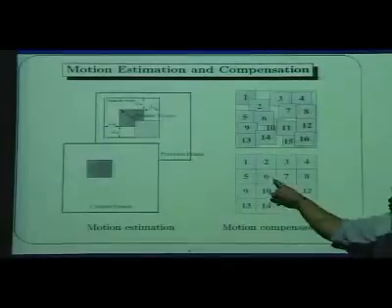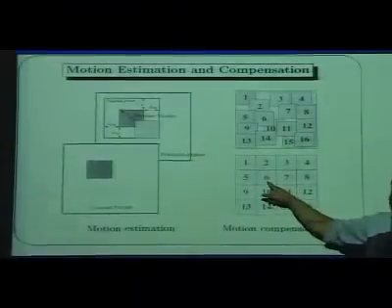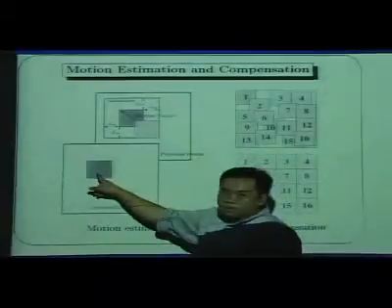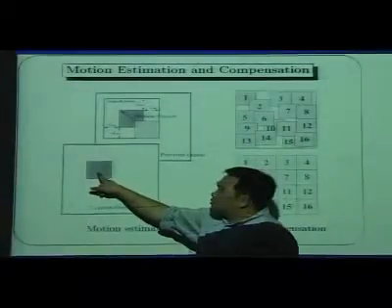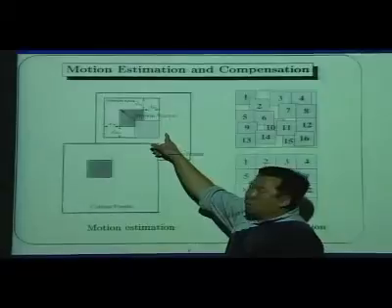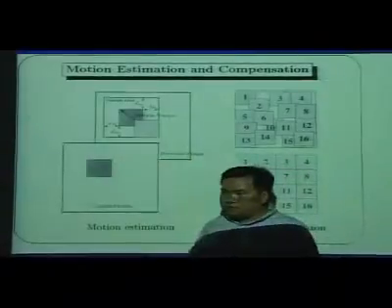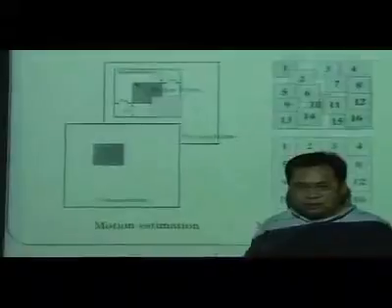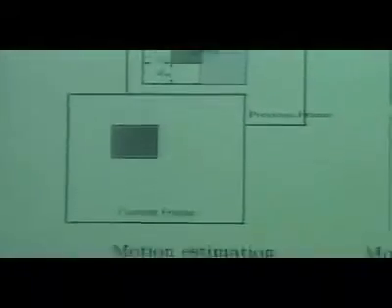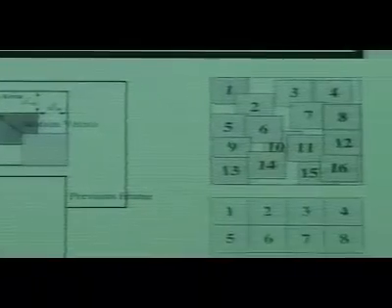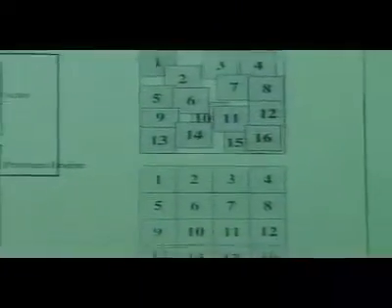For every block in the current frame, you want to search within the previous frame for where the best match is. Is that clear? For example, going this way, what's the best match? It's a shift, right? It's over here. So for every block, the best match is the one that appeared before it, right? So that's the idea.